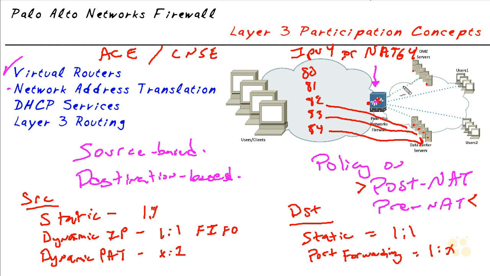That would pretty much be insane anyway, so don't do that. But I can translate between v4 and v6, and that's called NAT64. Your Palo Alto Networks firewall, at least in version 6.0 and later, does support NAT64. So keep all that in mind as you go for it. So that's pretty much going to be NAT as far as I'm concerned in here.